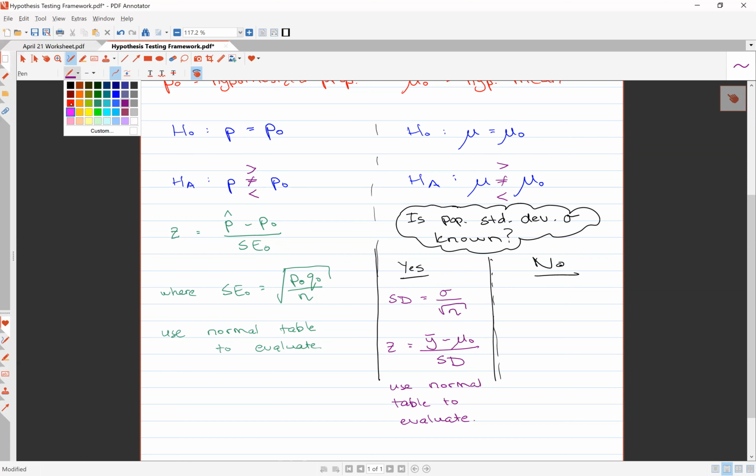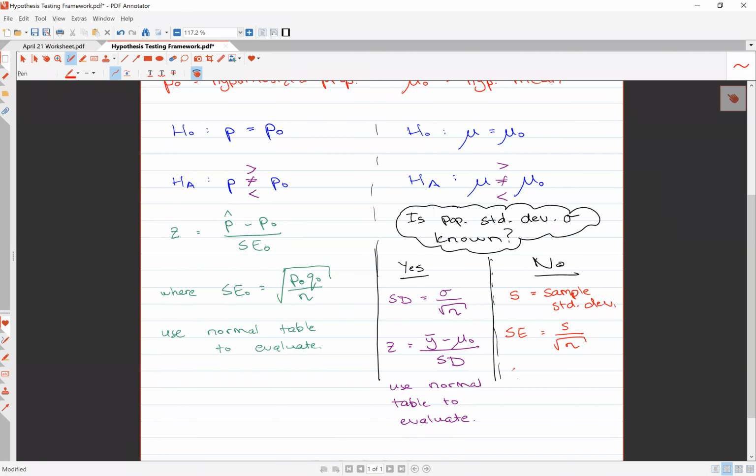If the answer is no, then remember that S represents your sample standard deviation. If you don't have the population standard deviation, you need the sample standard deviation. And then your standard error is given by S over square root of n.